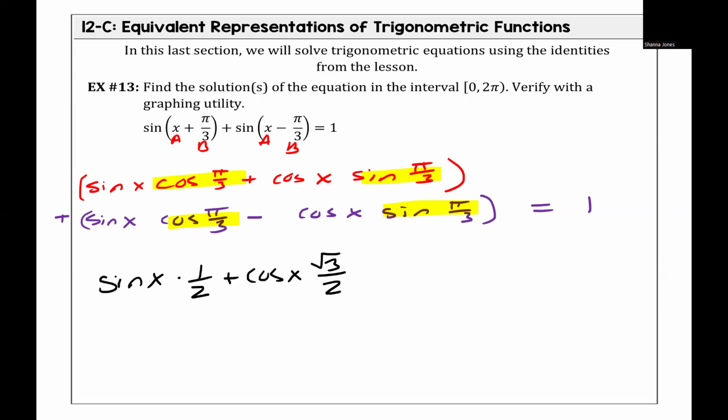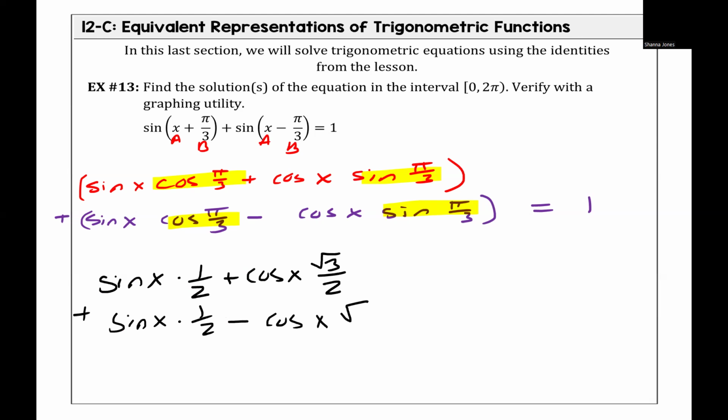So now it's going to be plus the next one. And we have sine x of cosine of pi over 3, which again is going to be 1/2, right? Cosine of pi over 3. And then minus cosine x.